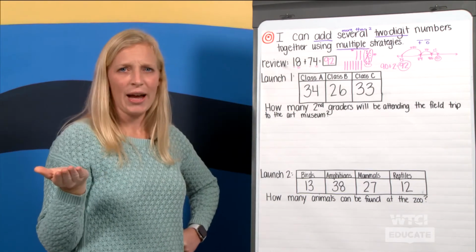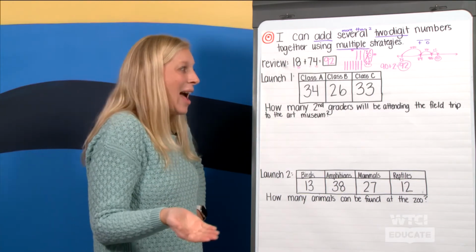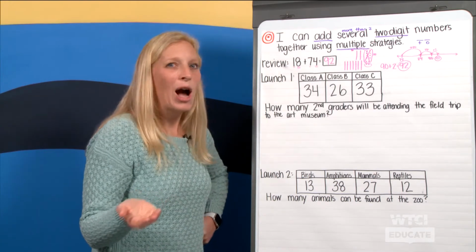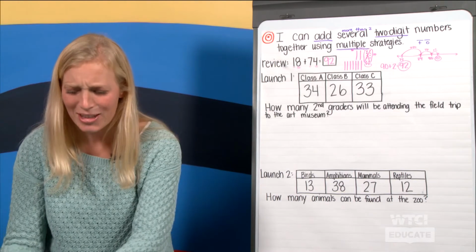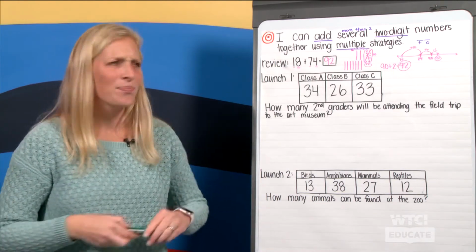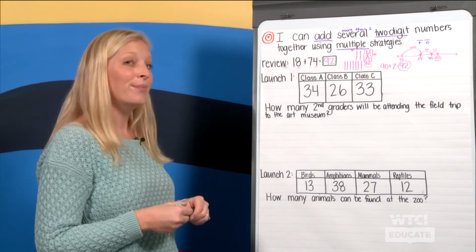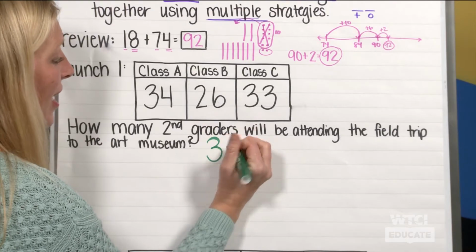What are we trying to find out? That's right. We're trying to find out how many students are going to go on this field trip. How are we going to do that? What equation might you write to match this problem? What equation could we write to help us solve this? Yes, we want to add these numbers together.